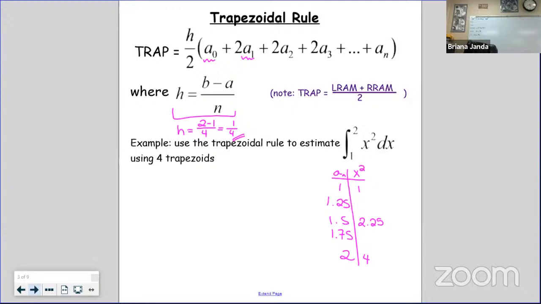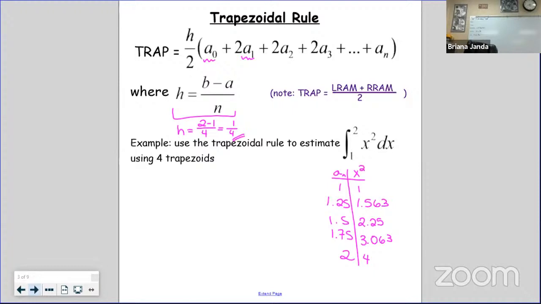What's 1.25 squared? Am I right on the 1.5 squared? 2.25. What's 1.75 squared? Is that what you said?